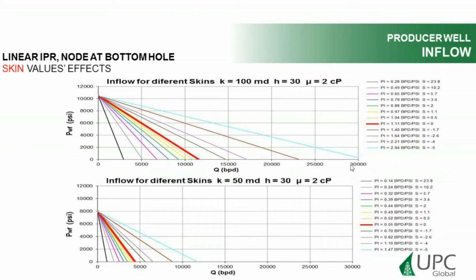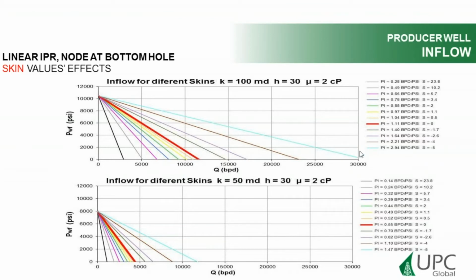When you have a stimulation, the case of skin equal to -5, the light blue, you are increasing the capacity, the potential productivity index of the well. You are not increasing the reservoir pressure. Look that all of them start at the same reservoir pressure, in the upper case, and in the lower case they start at the same pressure.